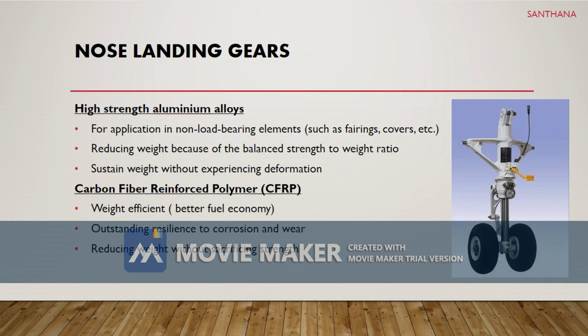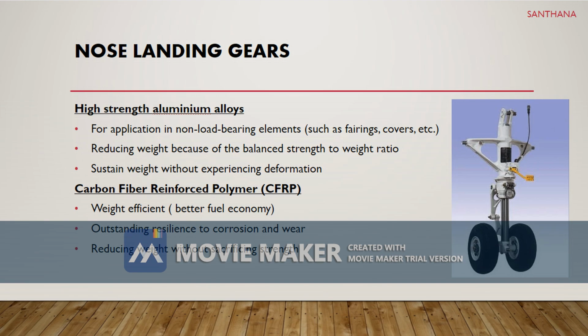Then let's take a look at the nose landing gear, which is another important part of the aircraft landing system. While it doesn't bear as much weight as the main landing gear, it still plays a crucial role in steering and supporting the aircraft during takeoff, landing, and taxiing. One of the key materials used in nose landing gear is high-strength aluminum alloys.